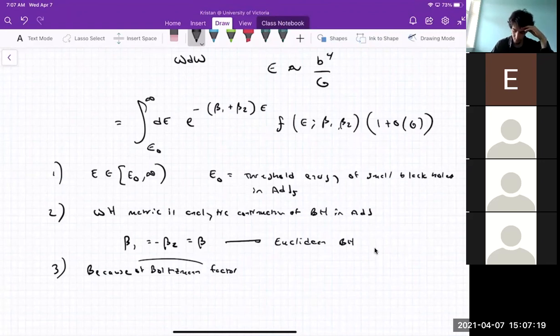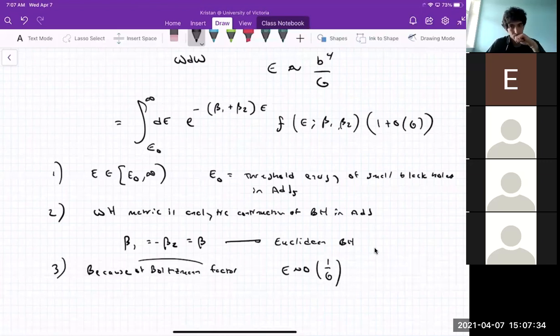Macroscopic black wormholes correspond to energies of order 1/g, and those are very much suppressed here. So this wormhole amplitude is really dominated by Planckian effects, things that are well outside the semi-classical effective field theory regime of Einstein gravity.